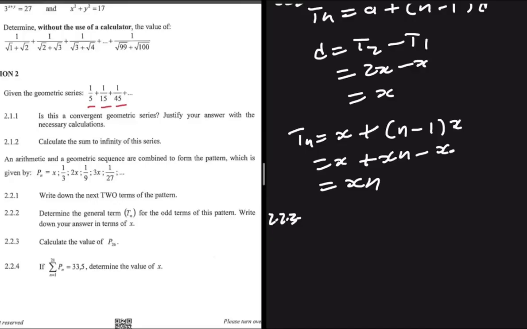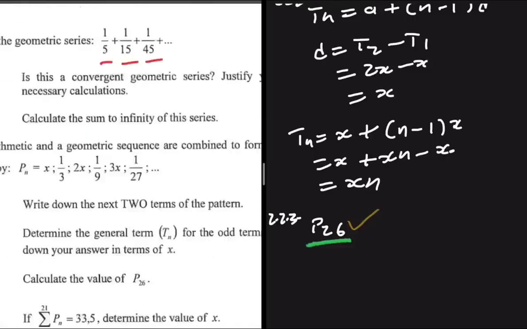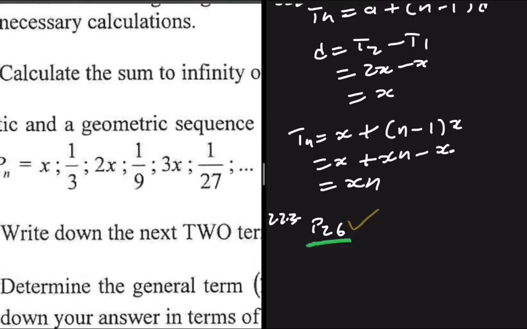2.2.3. Calculate the value of P26. 26 is an even number, right? So we must go to our pattern now and see which sequence lies on the even numbers of our pattern. Is it the arithmetic or the geometric? You can see that the arithmetic is on the odd positions, and the geometric is on the even positions.